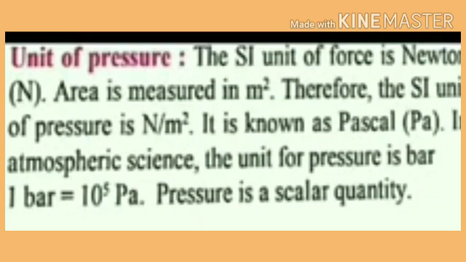Unit of pressure. The SI unit of force is Newton. Area is measured in meter square. Therefore, the SI unit of pressure is Newton per meter square. It is known as Pascal, Pa.